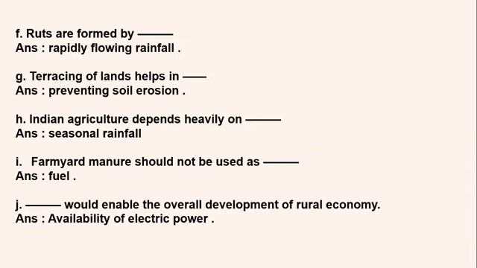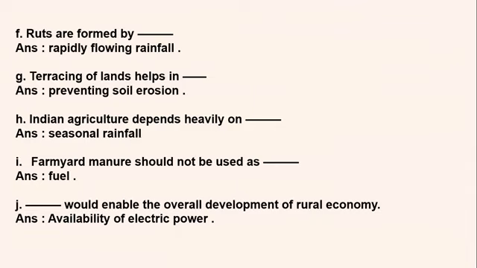You know India is an agricultural country and it depends for its agriculture mainly on seasonal rainfall. When the rain occurs seasonally, only then will our fields grow and have good production. They save the water for agriculture and use it for the fields. So it's seasonal rainfall.